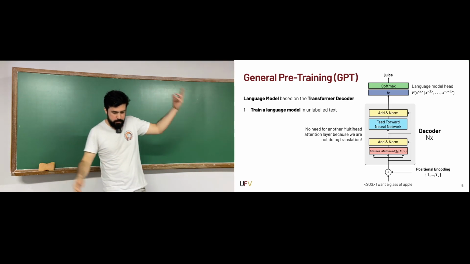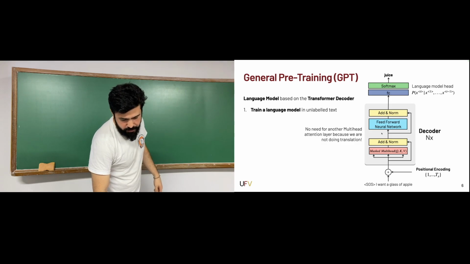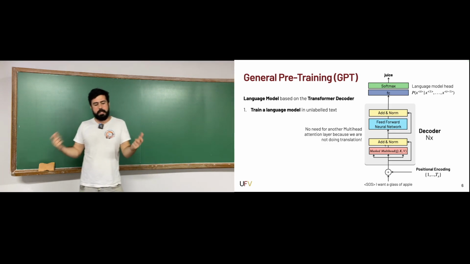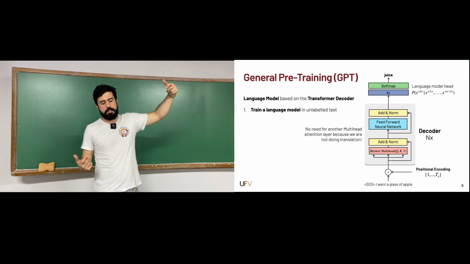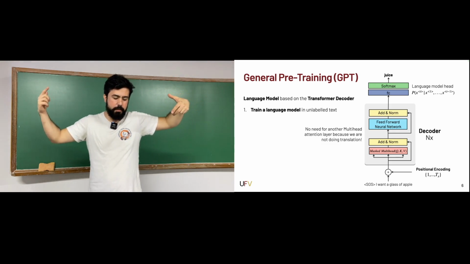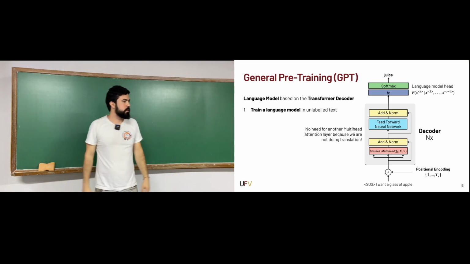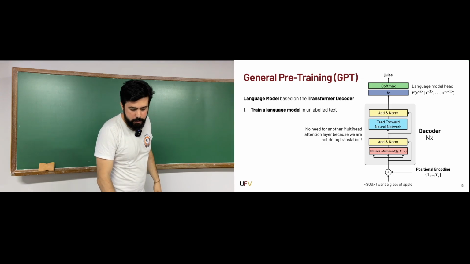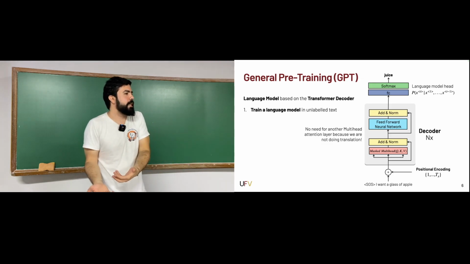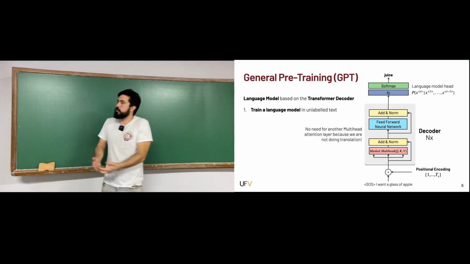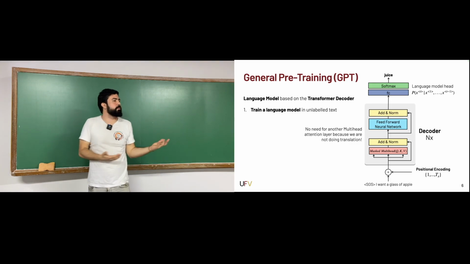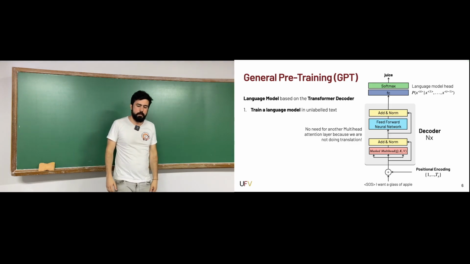If you remember from the previous slides, in between these two blocks we had another multi-head layer where the K and V came from the encoder and the Q came from the decoder. But now, since I don't have an encoder, I don't need that layer anymore. So it's a slightly simpler decoder.